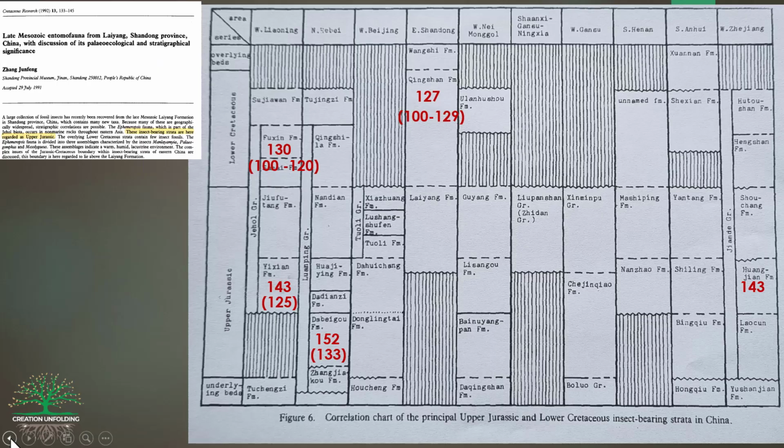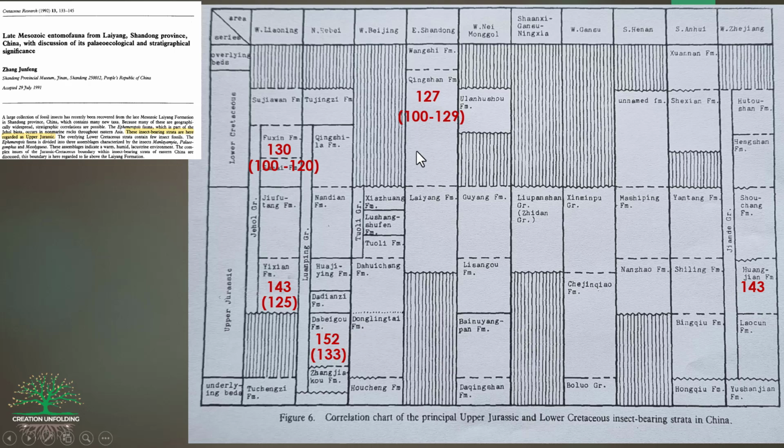That's the first issue. The second issue is actually with the dates themselves. As I said, this was a published radiometric date at the time of 143 million years for the Yixian formation, and all these other dates, the ones that are not in brackets, are the original dates. 130 million years for the Fuxin, 127 million years for this one, 143 million years for the Huangbanjigou, and 152 million years for the Dabeigou.